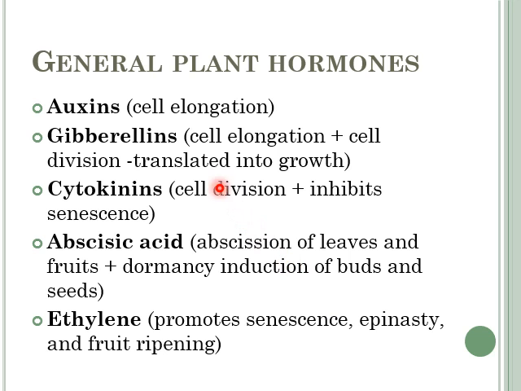So the general functions of plant hormones: auxins, cell elongation; gibberellins, cell elongation plus cell division, equivalent to the growth of the plant; cytokinins, cell division plus inhibiting senescence; abscisic acid, the abscission of leaves and fruits, and dormancy induction of buds and seeds. Ethylene promotes senescence, epinasty and fruit ripening.